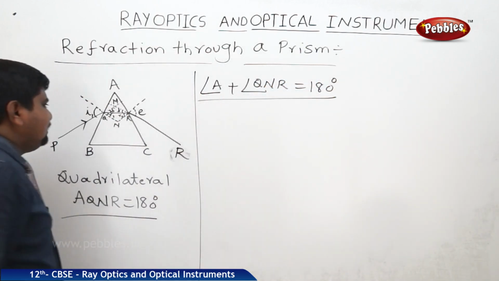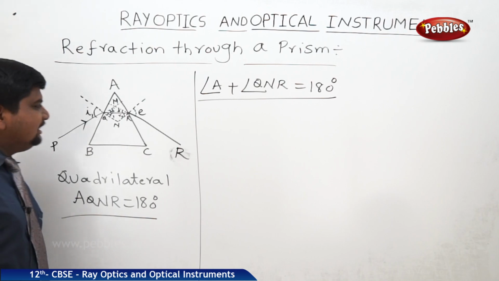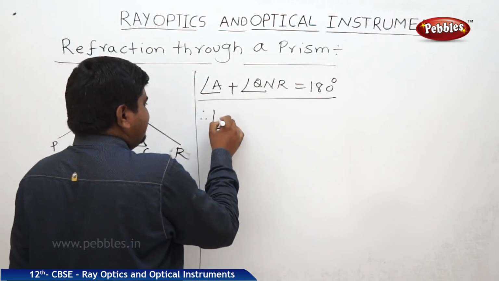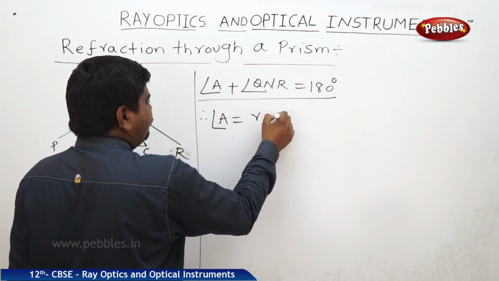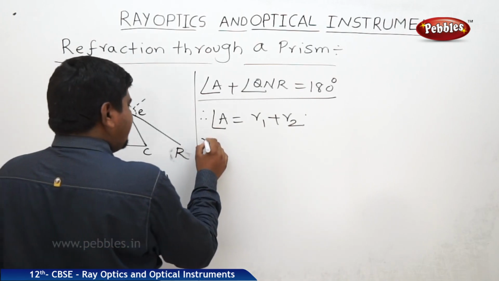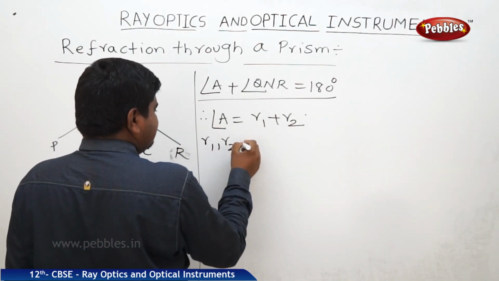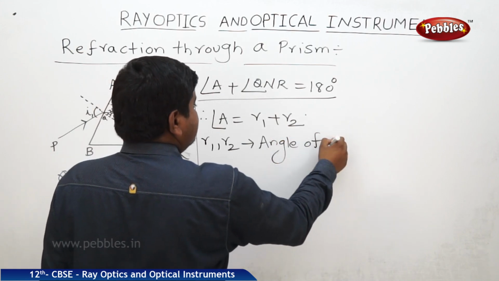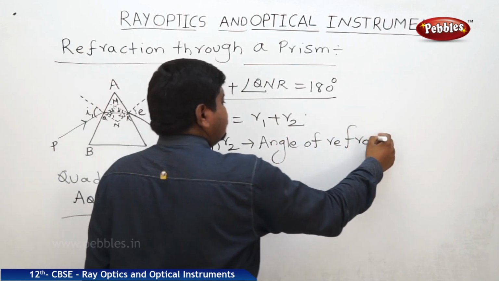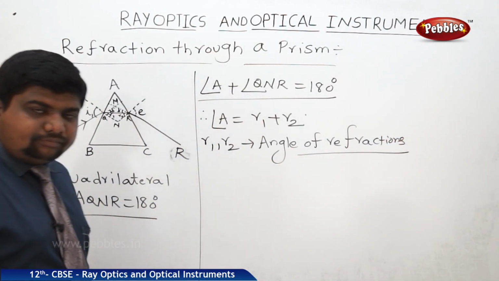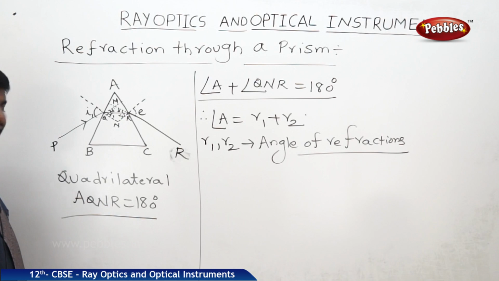Angle A is the exterior angle. The sum of the interior angles is equal to the exterior angle. So we can write angle A is equal to R1 plus R2. This R1 and R2 are the angles of refraction on both the ends.